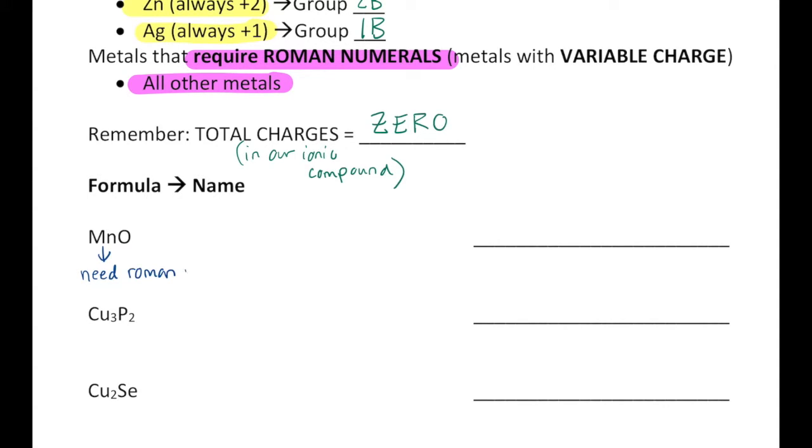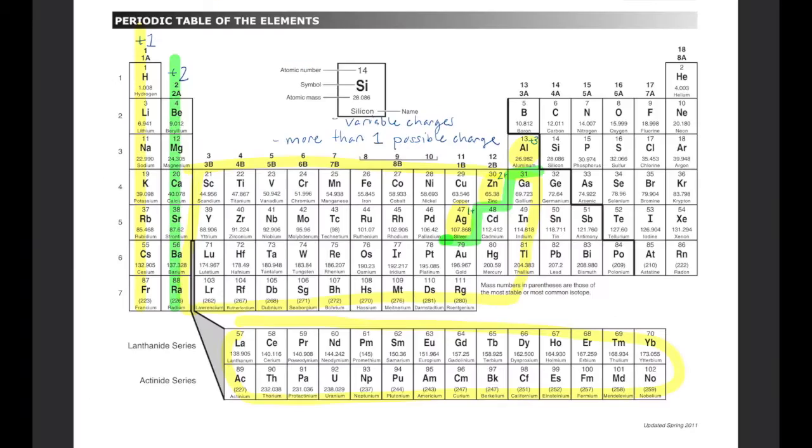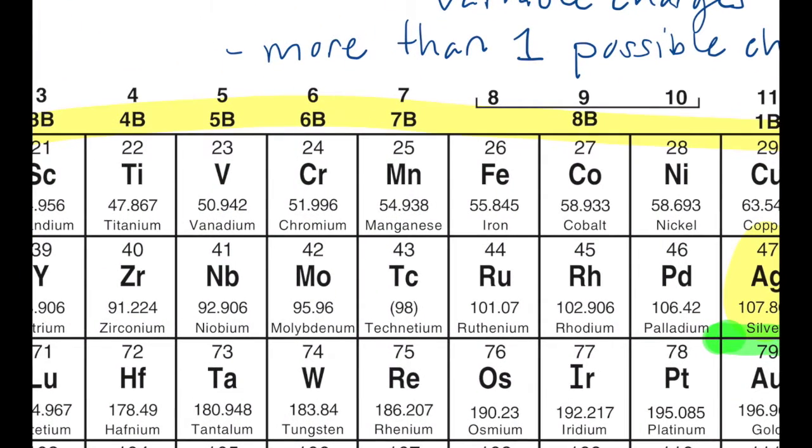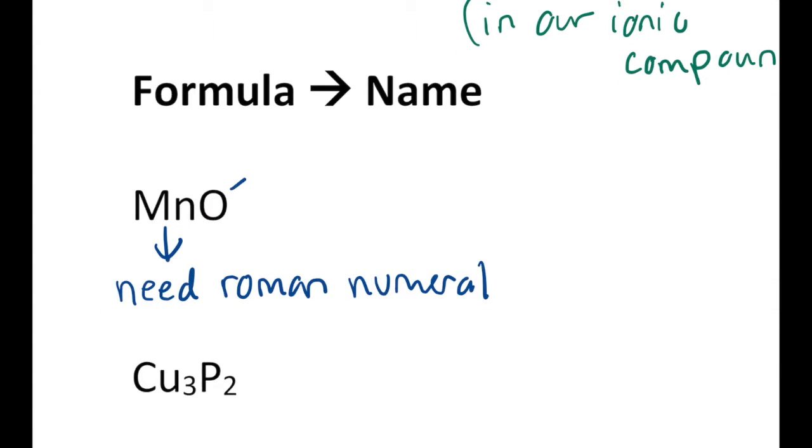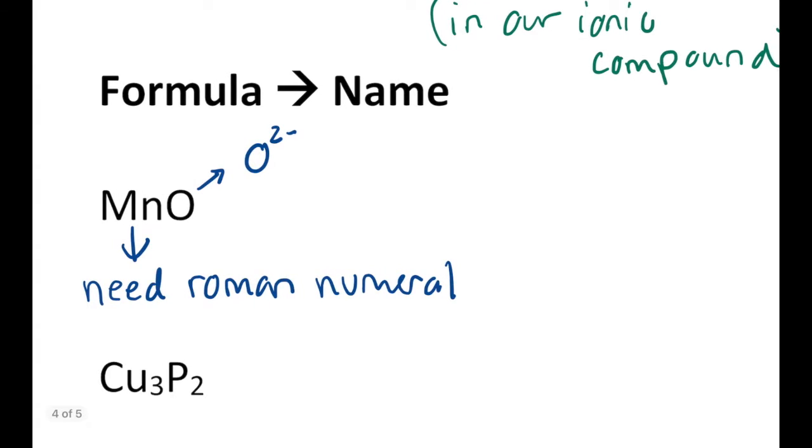So Mn, that's manganese. If you look at the periodic table where manganese is, it's right there in the middle where all those metals that we don't know the charge of are. So what you have to do is kind of make a logic puzzle. You have to figure out what manganese's charge is based off of the other one. So that O is oxygen. It's in group 6A, so it's going to have a 2- charge, so O2-.